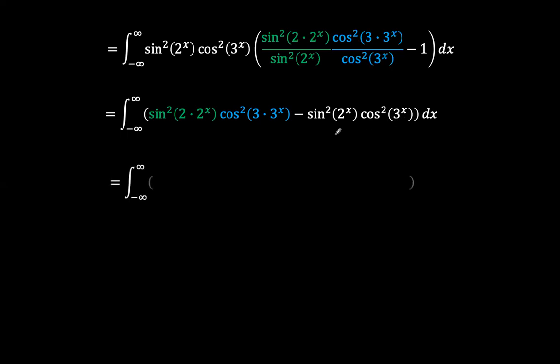We can simplify this further. Since the bases are the same, we have sine squared 2 to the power x plus 1 times cosine squared 3 to the power x plus 1, minus sine squared 2 to the power x times cosine squared 3 to the power x.